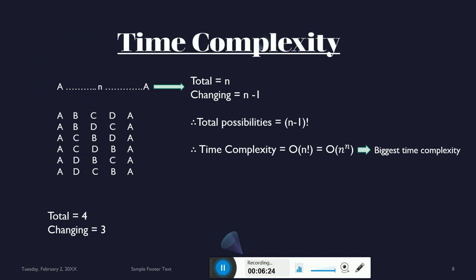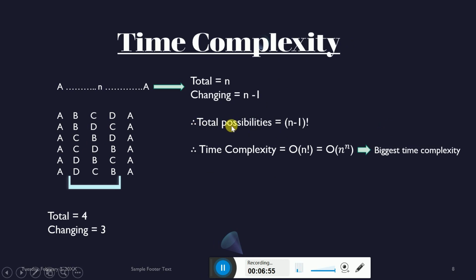There are 4 cities he has to visit, and at the end he has to go back to his own city. So there are 5 cities, but the starting and ending city is always the same, and in the middle the other nodes are changing. So the total number of cities is n, and the changing ones are n minus 1.